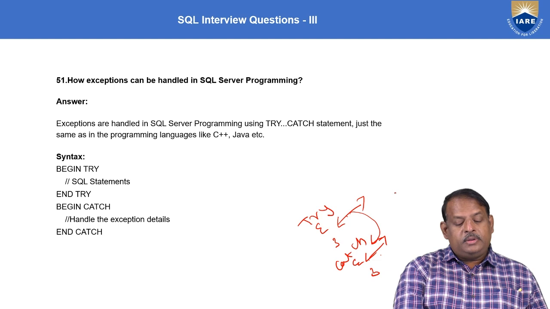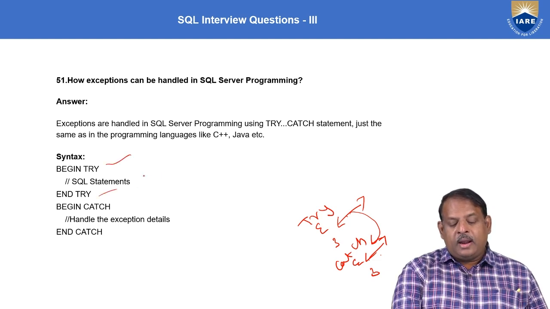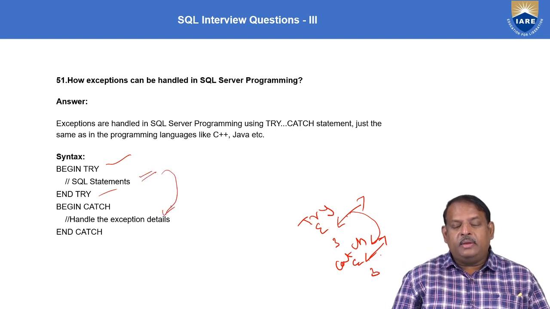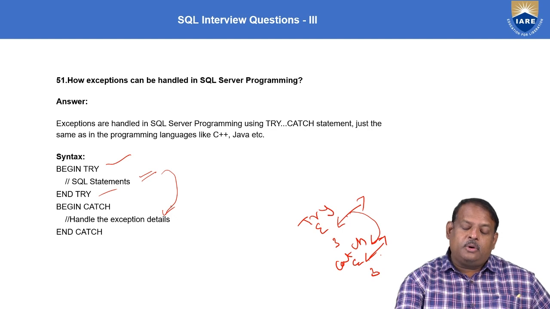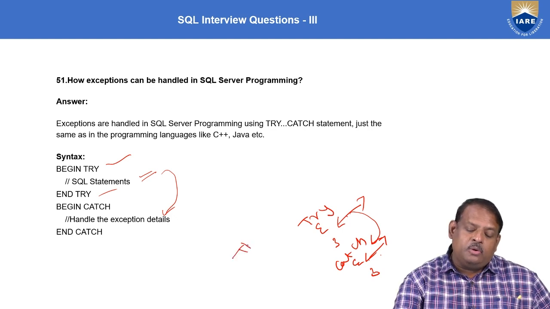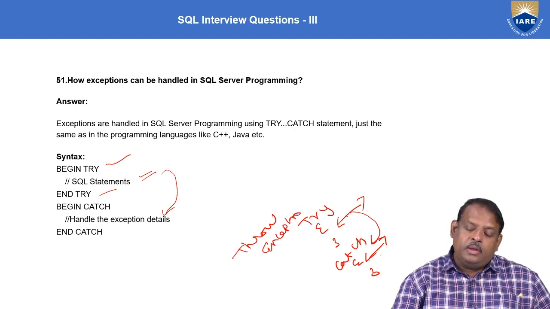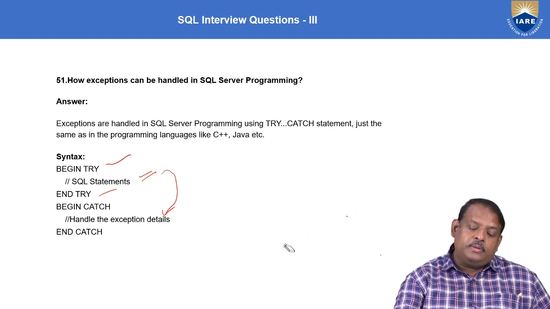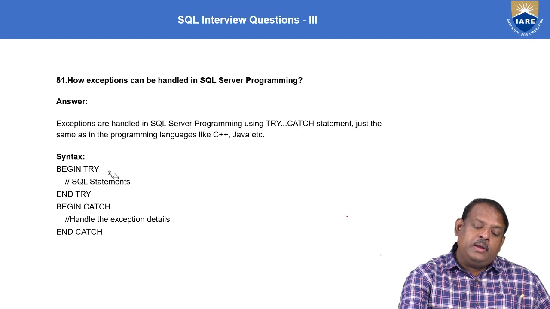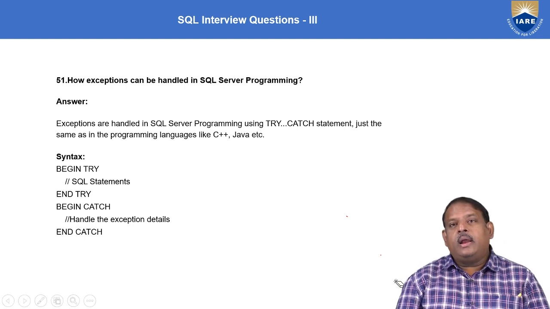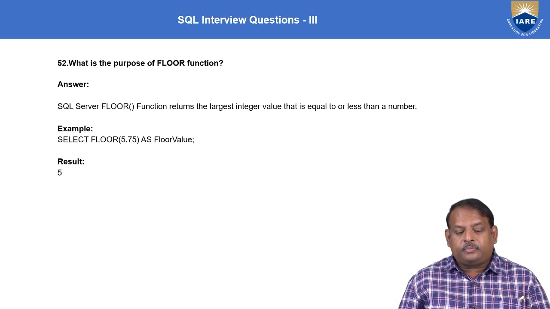So it is BEGIN TRY, END TRY, and in between you write your SQL statements. If you don't want to handle the exception, you can also throw the exception outside, using THROW, for error handling in SQL Server.